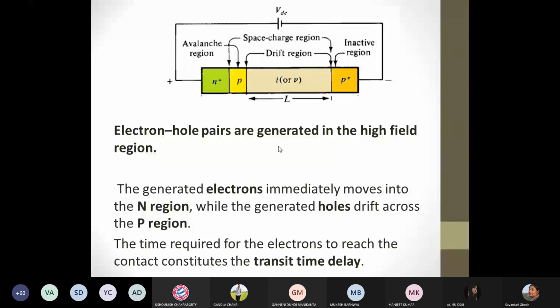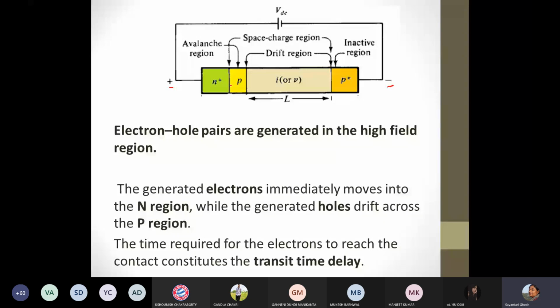So here, the way I am going to connect my battery in the circuit to make this work is reverse biasing the asymmetrically doped junction. So the N+ terminal is going to be connected with the positive side of the battery, and the other side is going to be connected to the negative side of the battery.